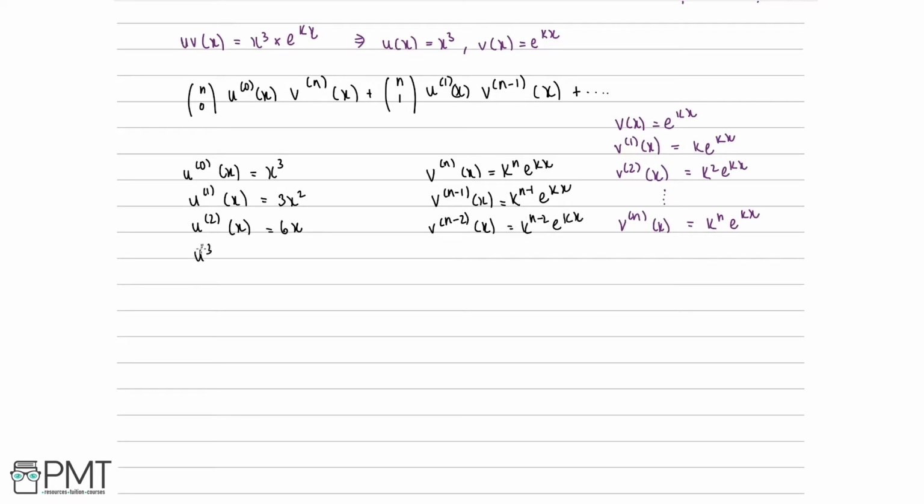Our third derivative for u will be 6. Our n minus 3 derivative of v will be k to the power of n minus 3 e to the kx. And here's where it gets interesting.